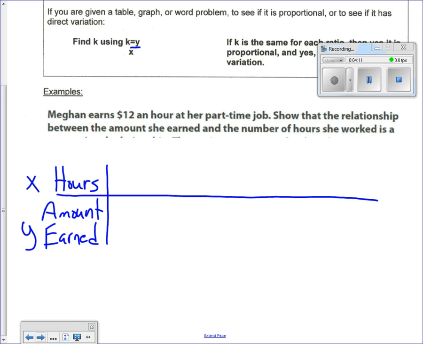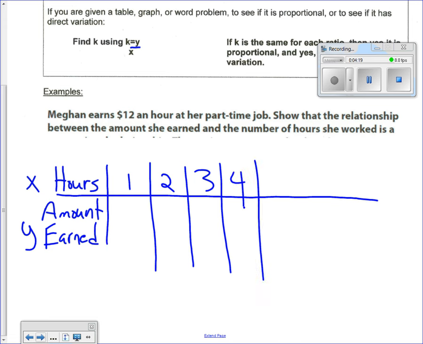All right, so how many hours can she work? She can work 1, 2, 3, 4, maybe even 8 hours. Amount earned each hour: she worked 1 hour, she made $12. 2 hours, $24. 3 hours, $36. 4 hours, $48. And 8 hours, $96.